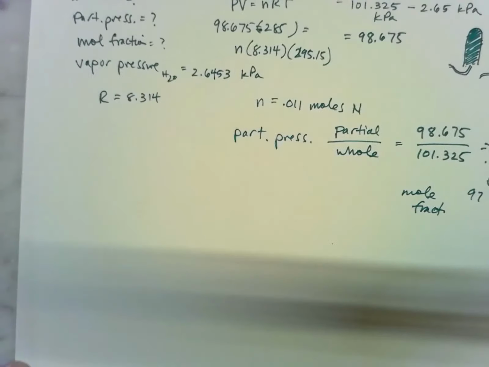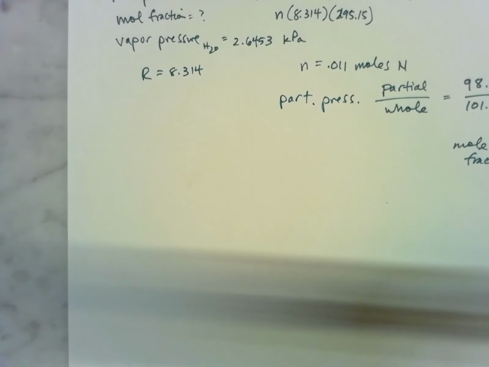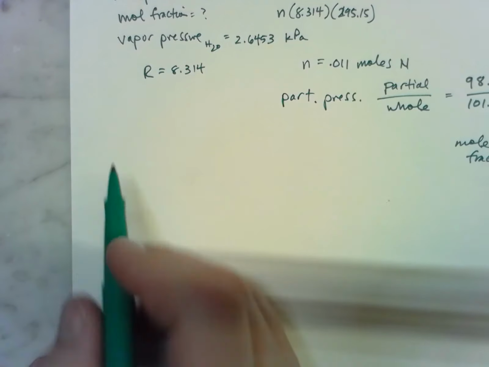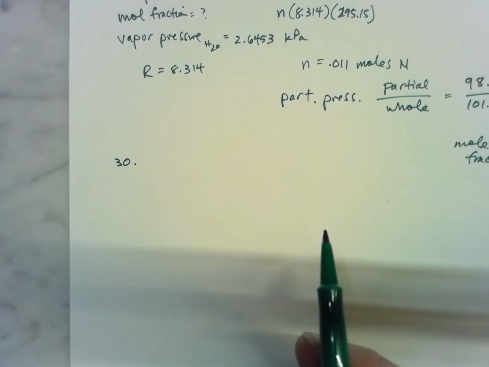All right, and finally, let's work one of the stoichiometry ones, which is basically what we've been doing all along. Now that we know stoichiometry, and now that we know the ideal gas law, we can combine them to do things like number 30. Okay?